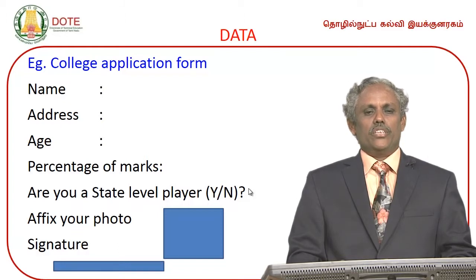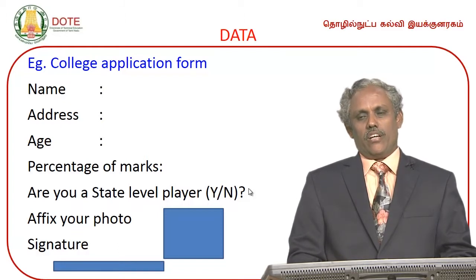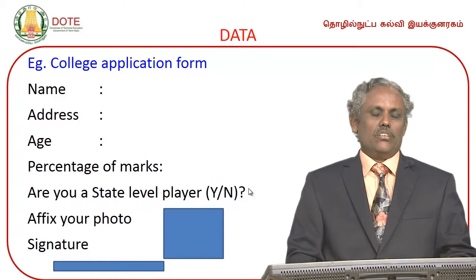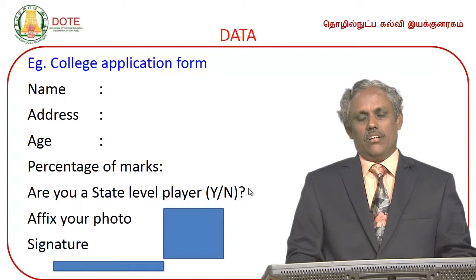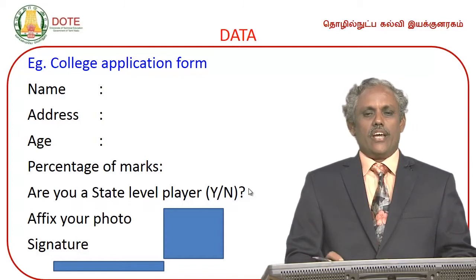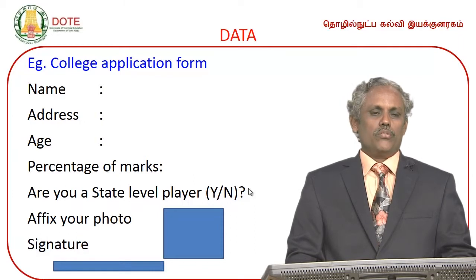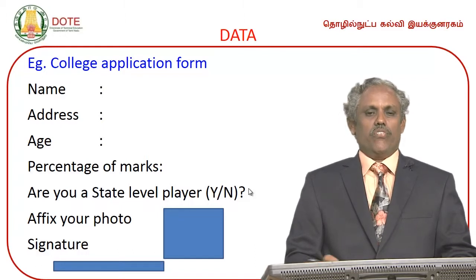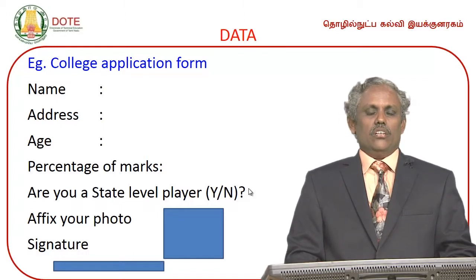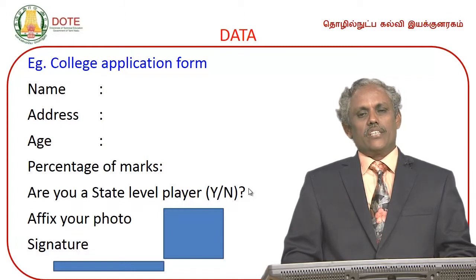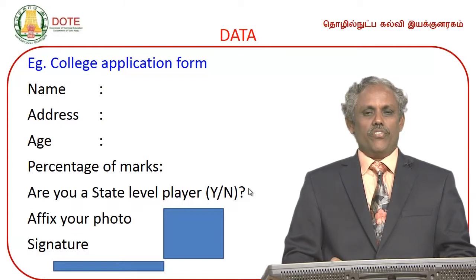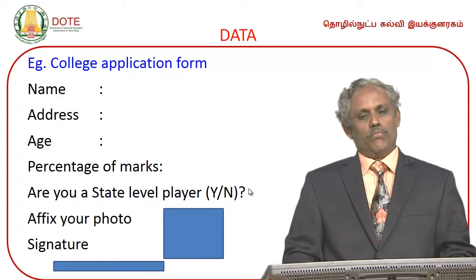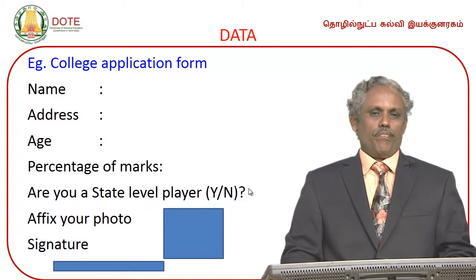And there may be some questions like, are you a state player or have you passed SSLC? You may say yes or no. Sometimes you tick in a box, or we give true or false. And there is some additional information like an image of the candidate, and we put signatures.